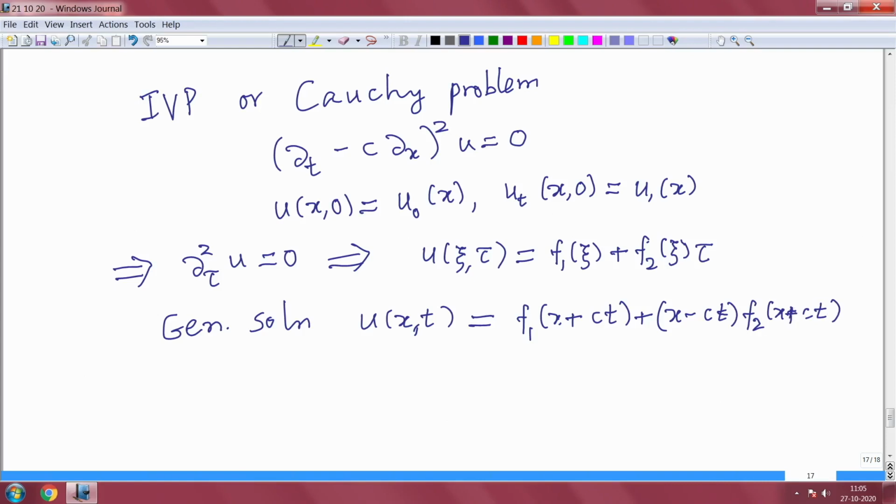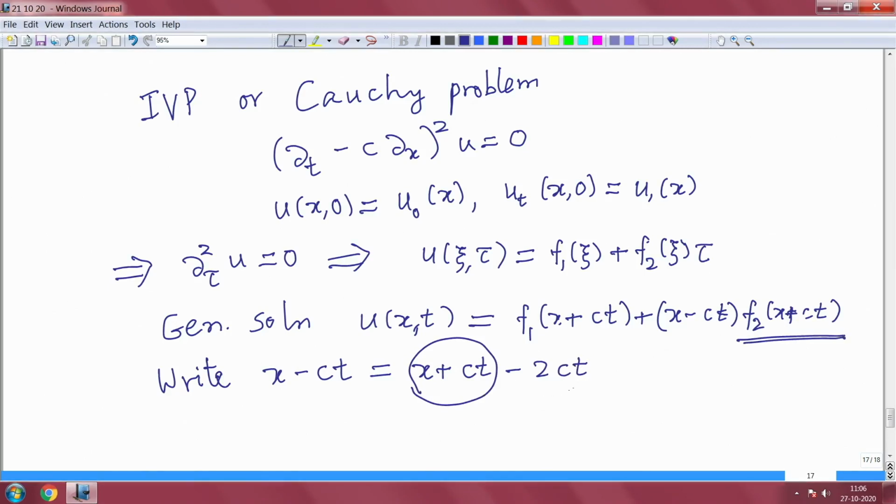We write x minus ct as x plus ct minus 2ct, and you absorb the x plus ct term in the function, so we have only a multiplication by t.